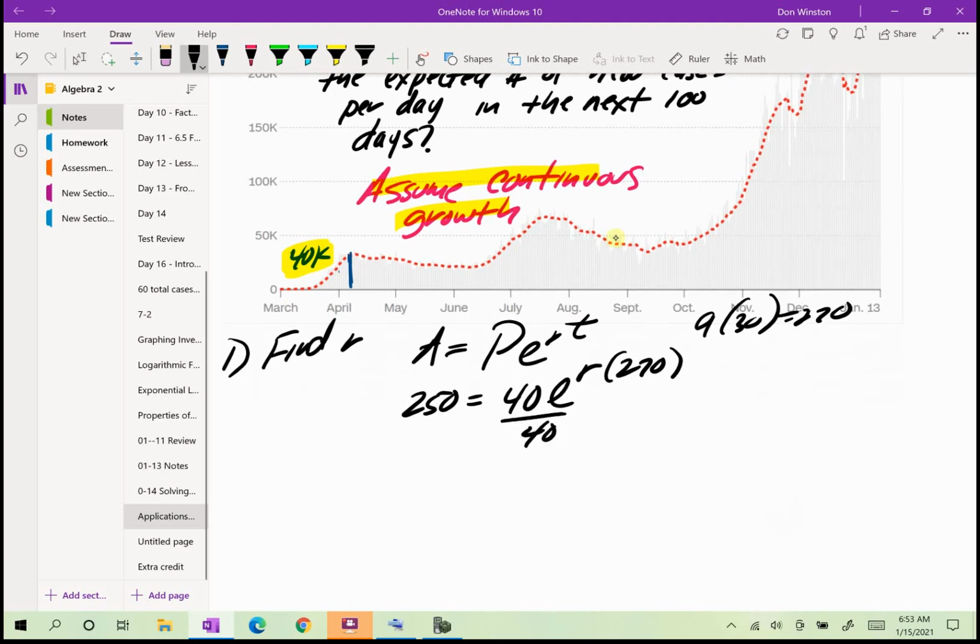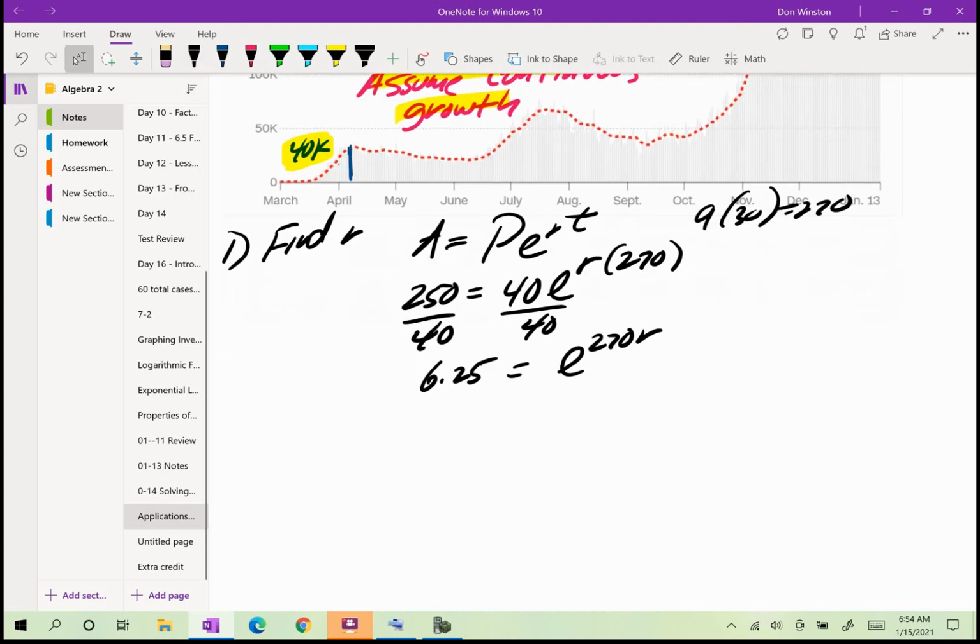I can divide by 40, and so that will give me 250 divided by 40, that would be 6.25, equals e raised to 270r. I can take the natural log of both sides, which will get rid of the e, so the natural log of e raised to 270r cancels out.